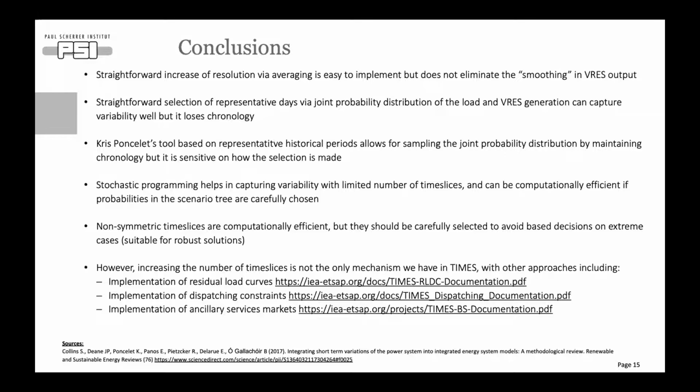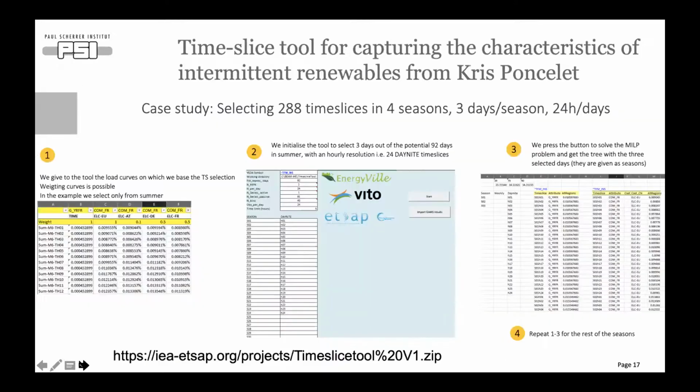No, actually, I based that on the load curve, only on the demand load curve, not also on solar PV and wind availability. But if, Tom, you can go 2 slides further. Yeah, here. I don't know how much is visible here, but on the left-hand side, the thing that I did, because that was a European model, I took the different load curves of the different countries, and I put a weight on them, because the tool allows weighting the different load curves.